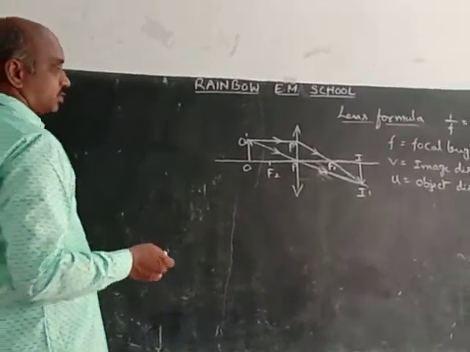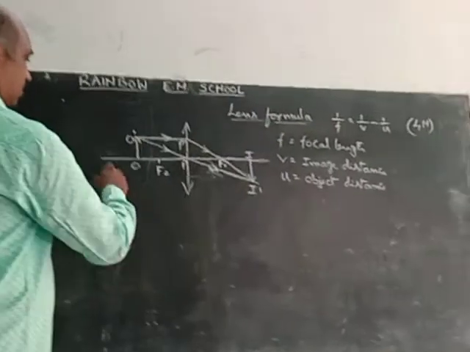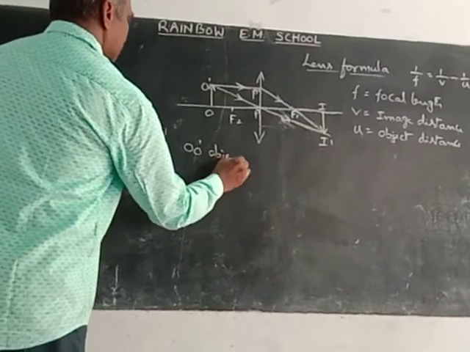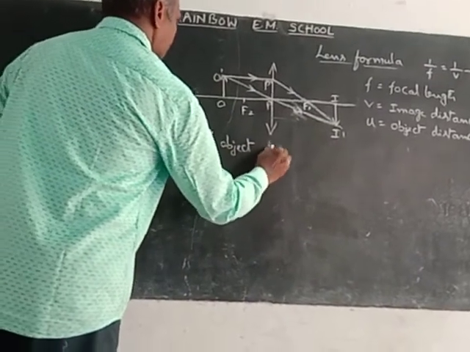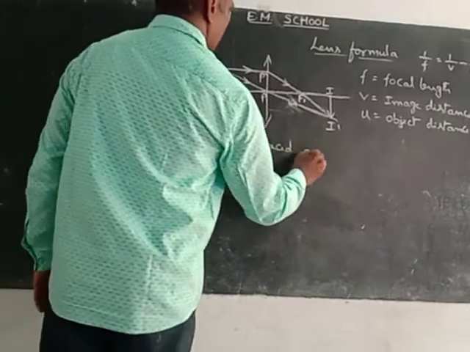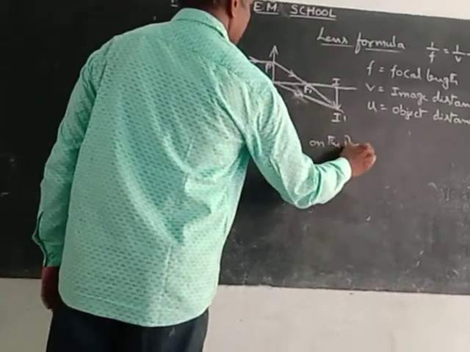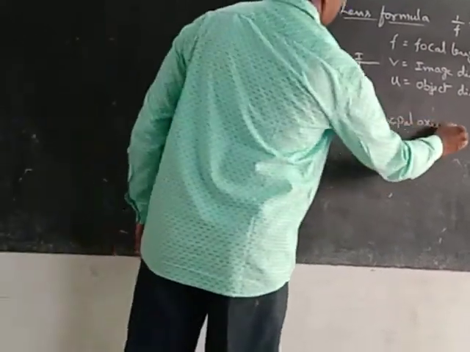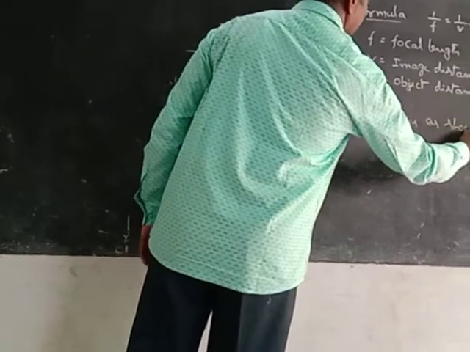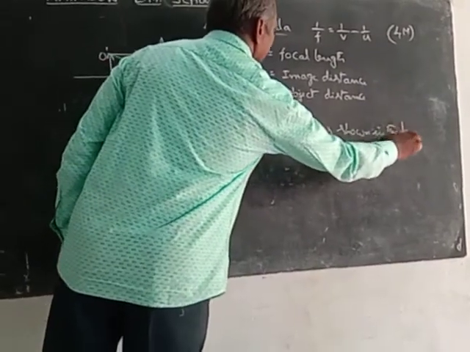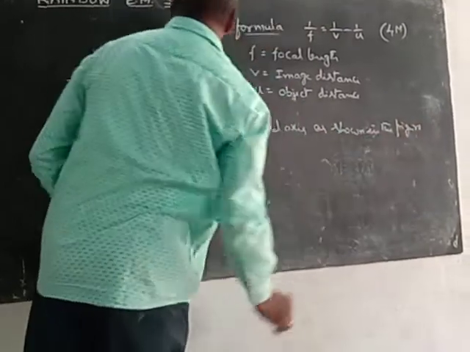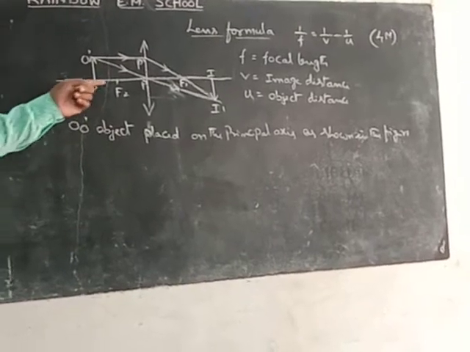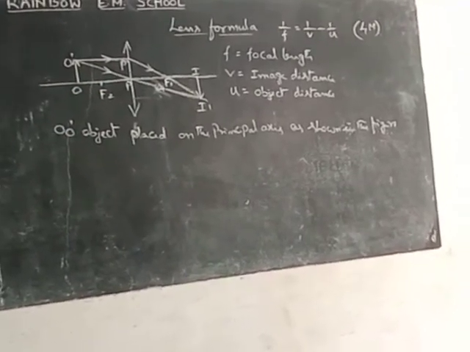Suppose we take a convex lens of optic center P, and OO dash is the object placed on the principal axis as shown in the figure. OO dash is placed beyond F2, on the principal axis, as shown in the figure.